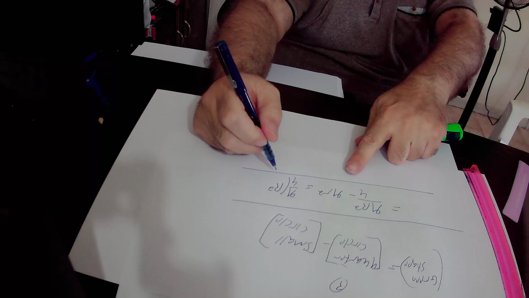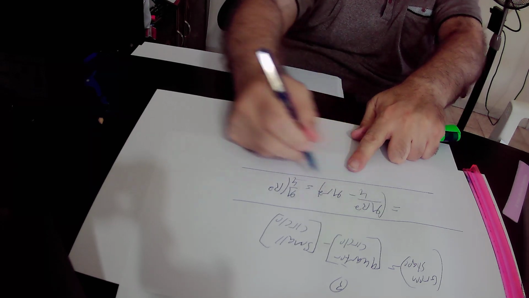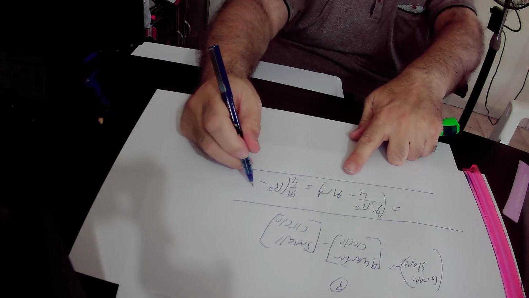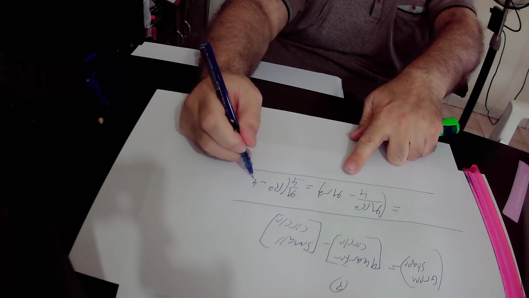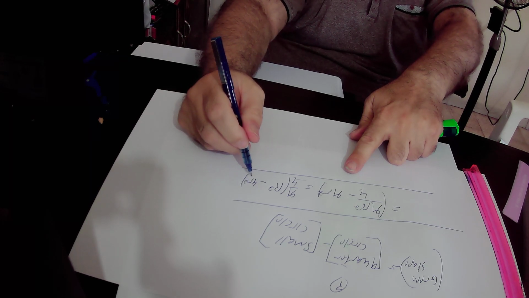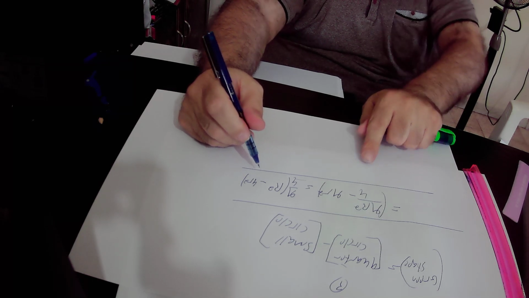What is left from pi R squared is minus 4R squared. Why? Because minus 4R squared times pi over 4 equals exactly minus pi R squared.